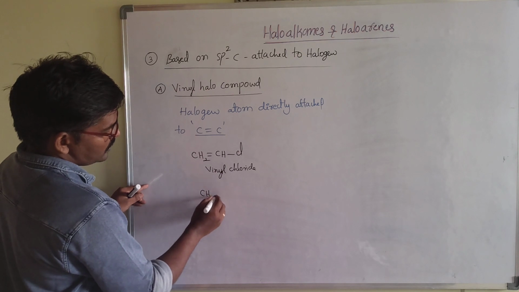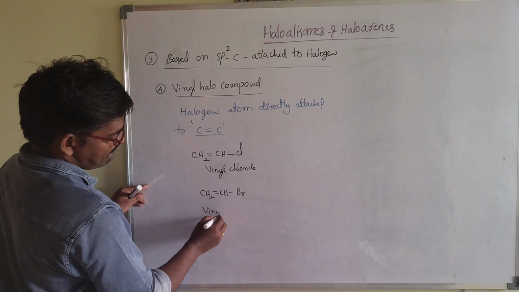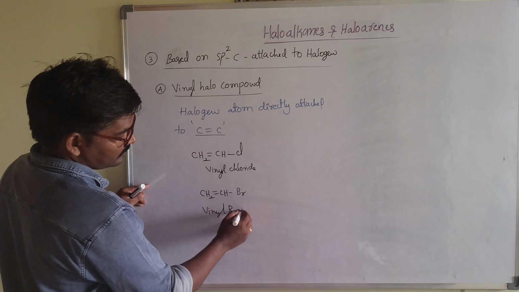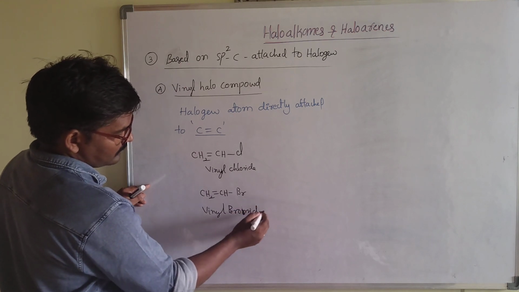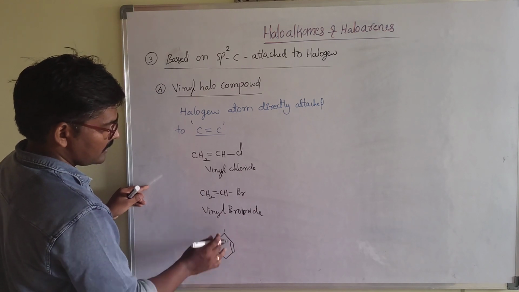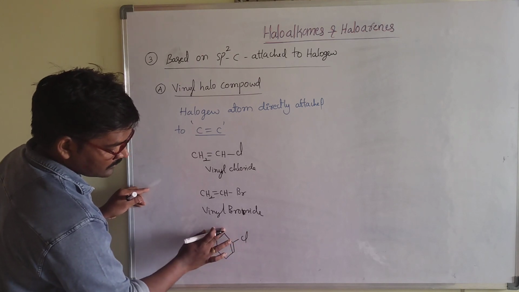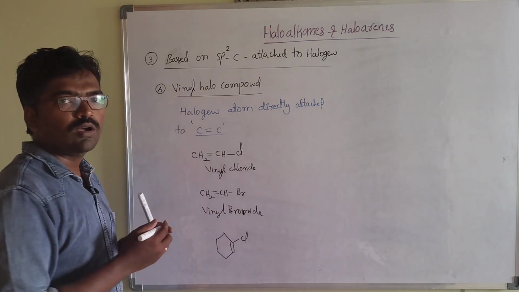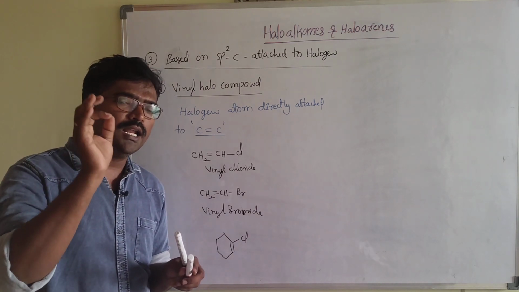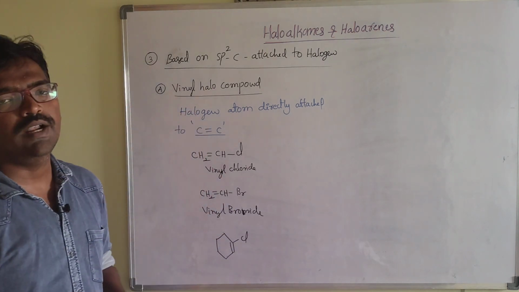Then CH2 double bond CH bond Br, vinyl bromide. Then a cyclic ring like this is there. In case the halogen is directly attached to the carbon double bond like this, then even this is also a vinylic halo compound. According to the definition, the halogen atom directly attached to the carbon double bond, we call it vinyl. Even this is also vinyl.